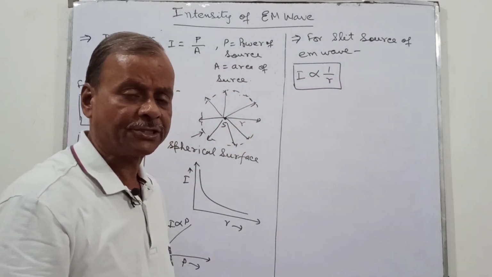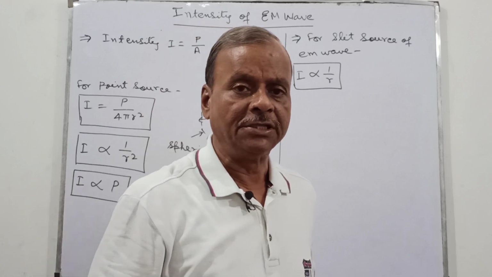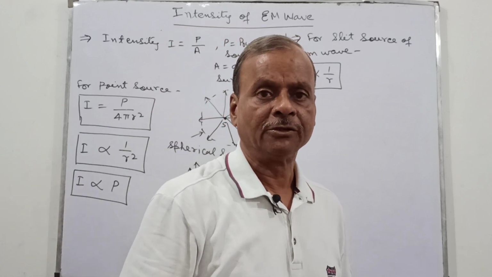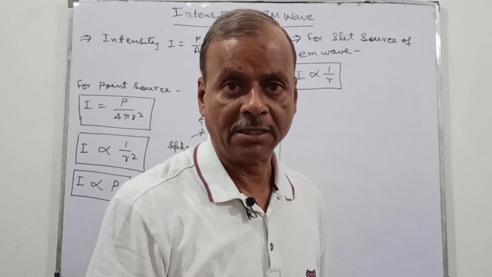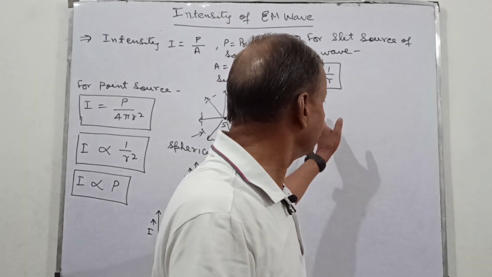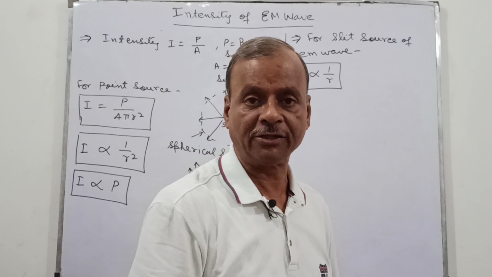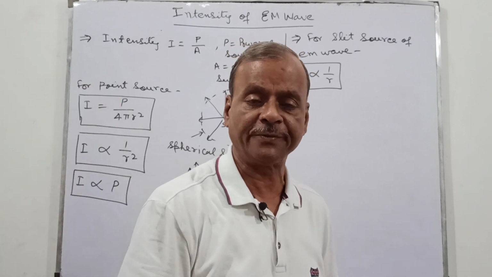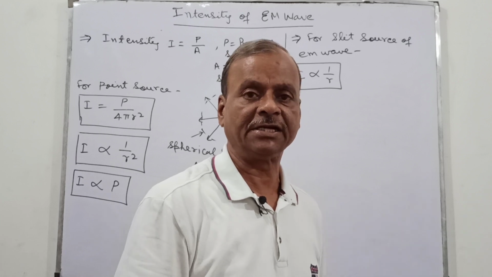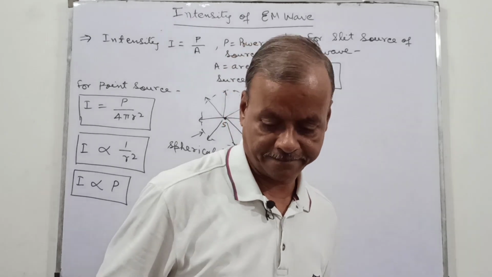Now area will be 2 pi r h. This is simply the cylindrical area. So r is the distance and the radius of the cylindrical wavefront, and h the height of that one. So as this wave proceeds away from the light source, the intensity decreases.